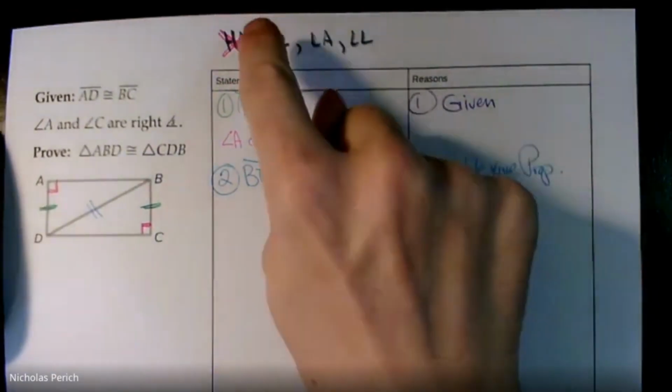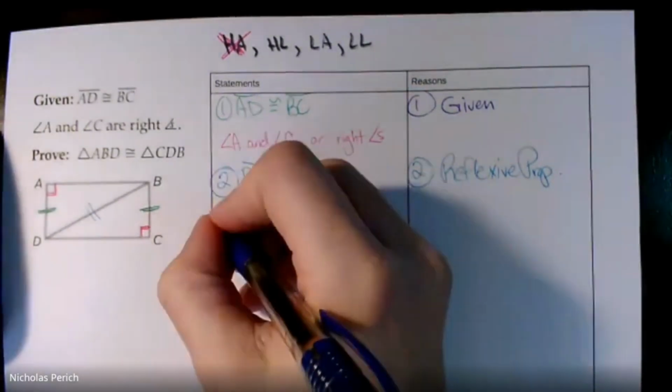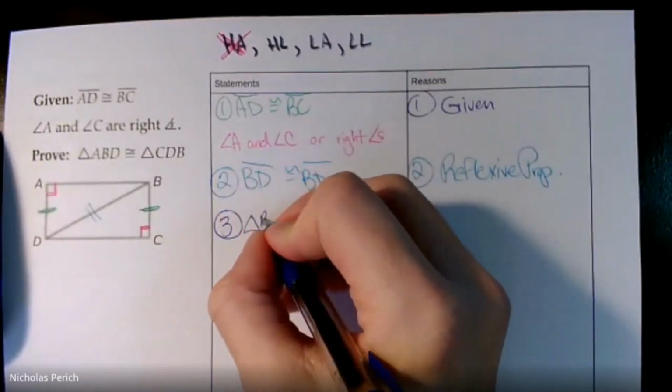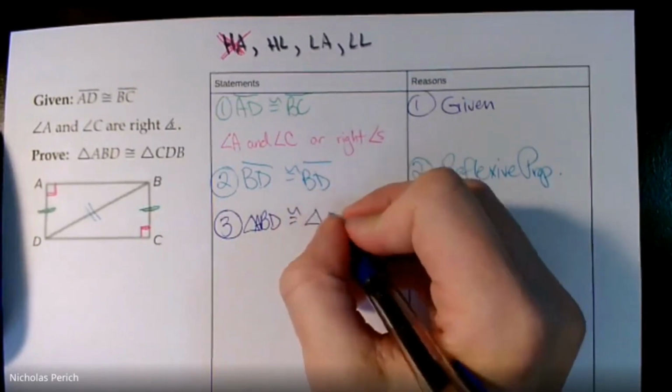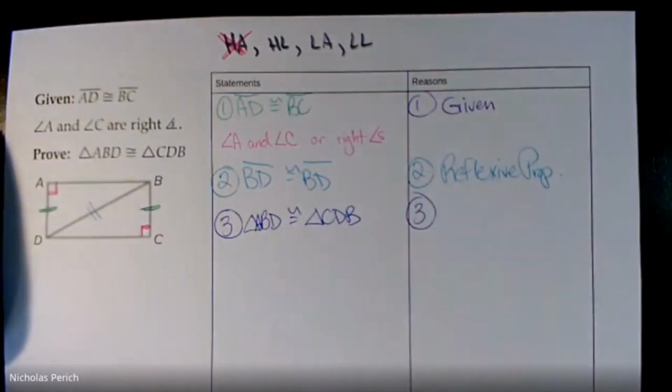Do I have enough information to use one of these three? You sure do. I can now say that ABD is congruent to CDB. And which one of these remaining three can I use to prove that those two triangles are the same? Is it going to be the HL, the LA, or the LL?